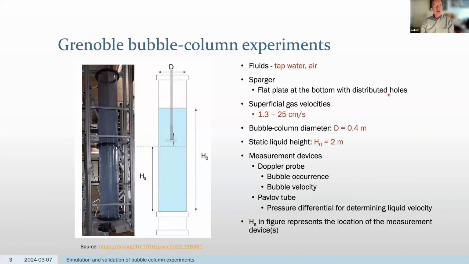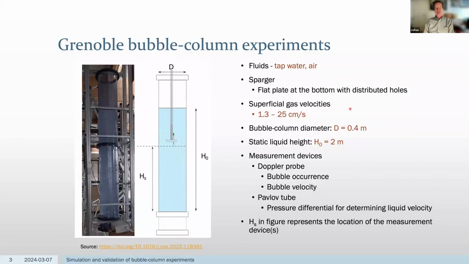In real and industrial bubble columns, they usually use a sparger, and at least the first part of it is very sensitive to how you sparge. So it's hard to do comparisons with the CFD codes, but in this case, it's very nice initial conditions at the bottom, the inlet conditions.